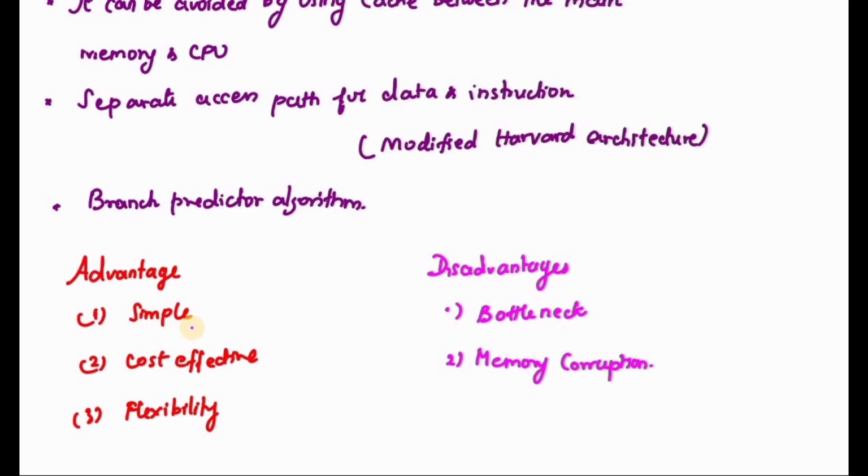If the data and the instructions, the programs, are stored in the same memory and somebody erases any content, it will make the system fault. So this is a disadvantage of von Neumann architecture.